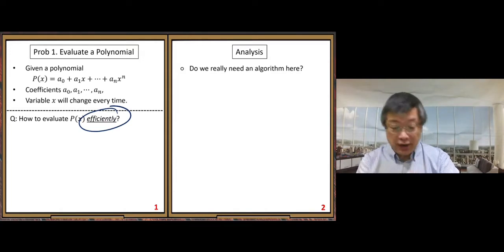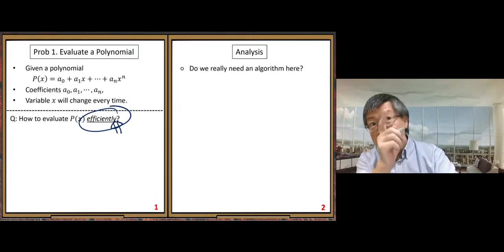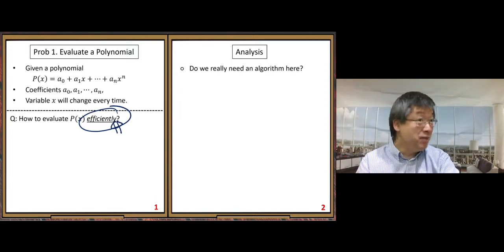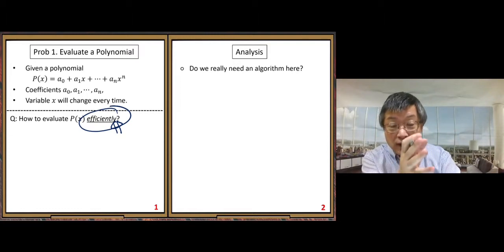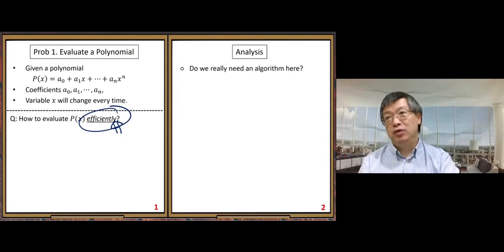But the question is this: efficiently. You may not know your evaluation is efficient or not, right? So that's the reason we do it in this class. We will find the answer in this class. Okay. All right.